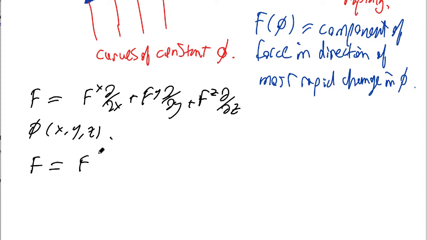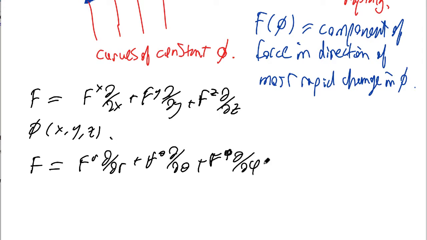We could expand this in spherical coordinates r, theta, phi: f_r d by dr, plus f_theta d by d theta, plus f_phi. Well, I shouldn't have used the letter phi since I'm using phi to denote the function. I'll write the phi as a curly phi here, d by d curly phi. Okay, and we can write our function phi as a function of the spherical coordinates r, theta and curly phi. And then this calculation again just gives the same physical force component in the same direction, the direction of most rapid change of the function phi.